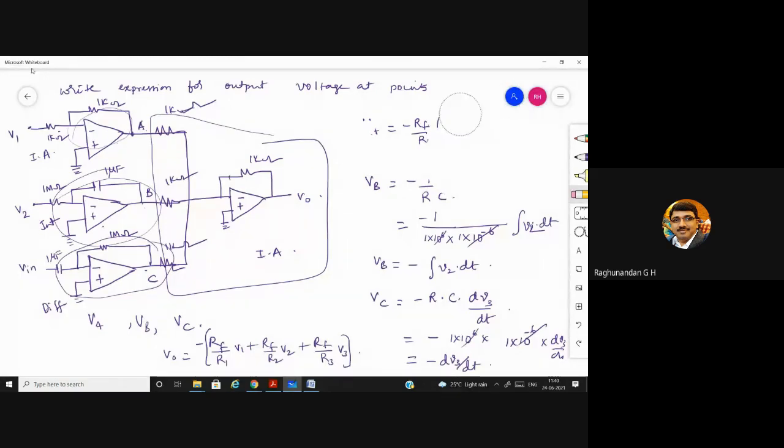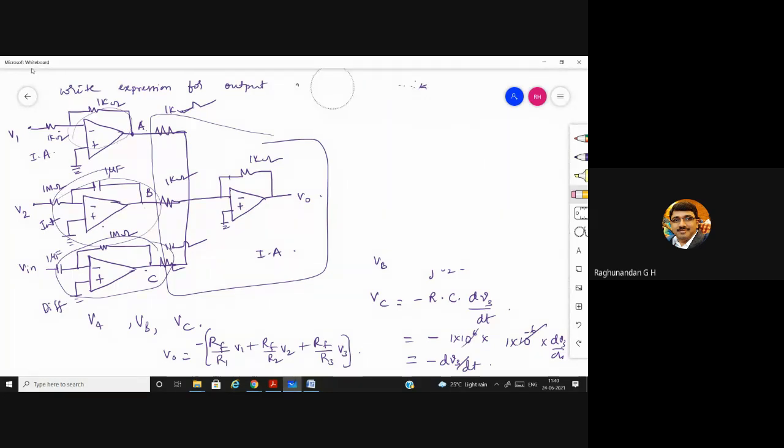Here Rf value is 1 kilo ohm. Here in this case, can we take Rf by R common? We can take, right? Because 1k, 1k, 1k can be further called as R. So we can take it common, and it becomes Rf by R into VA plus VB plus VC.